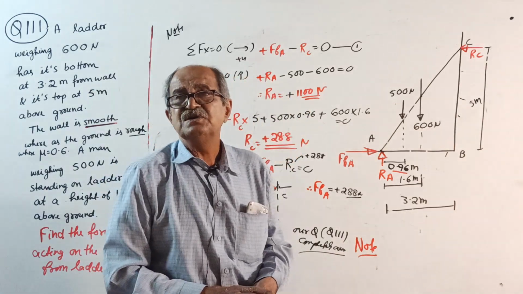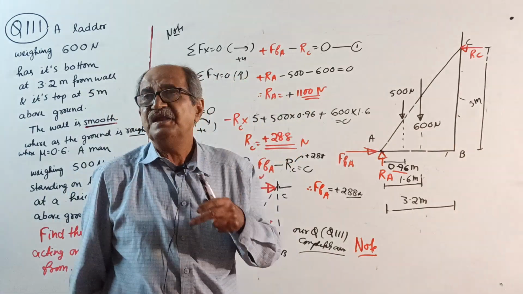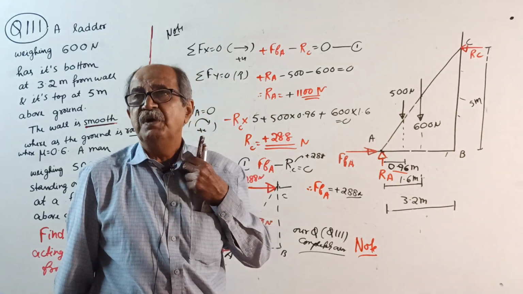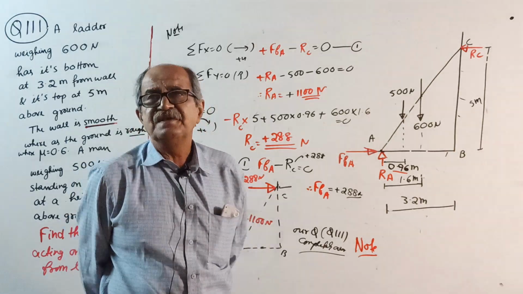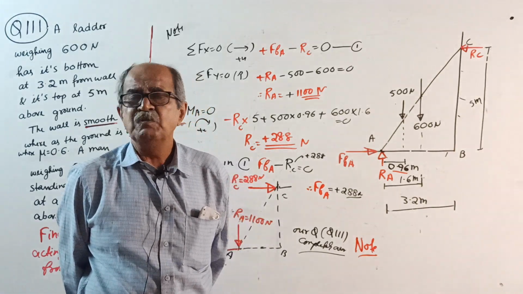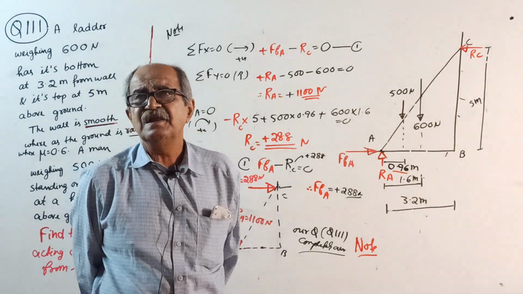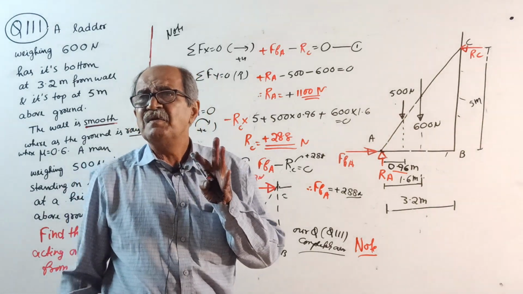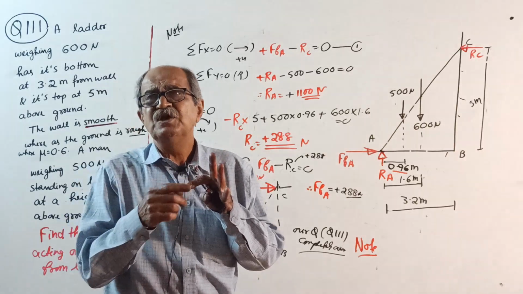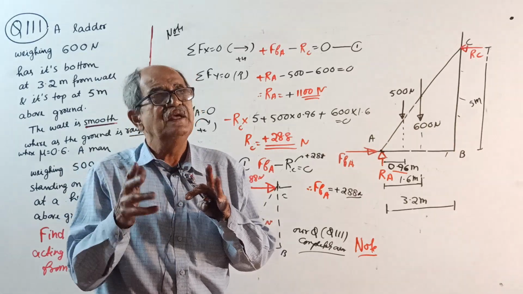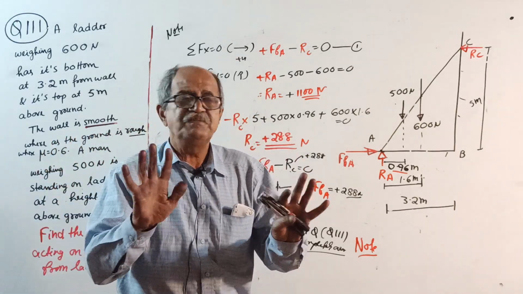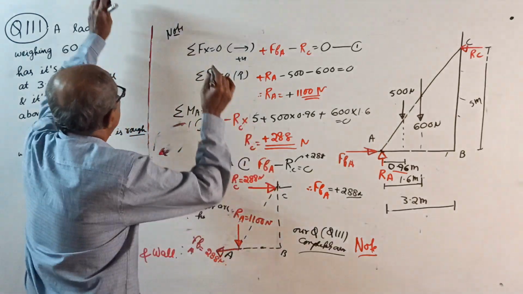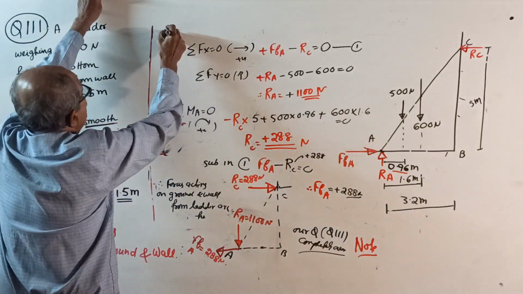If they ask us to find forces acting on the support by any block or ladder, etc., you solve like a normal question, find reaction and consider friction. Remember, if it is a limiting case, you can put FF equal to mu R. After getting the answer, reverse it and apply, you get the answer. Sufficient. Now, make a note here.